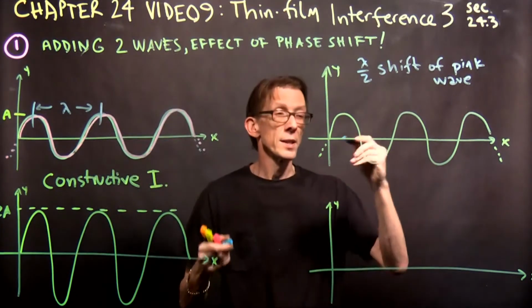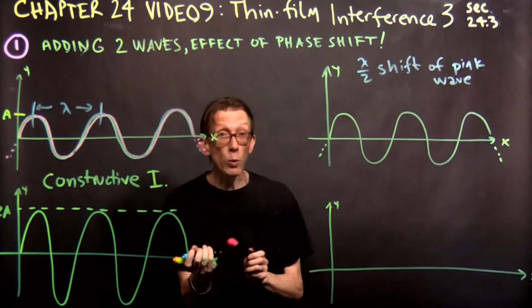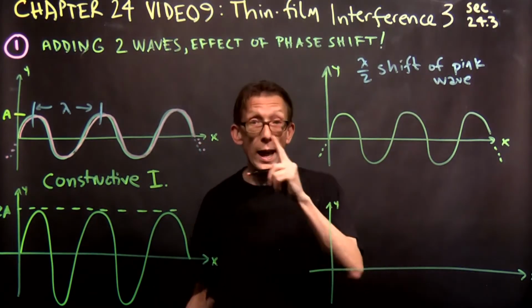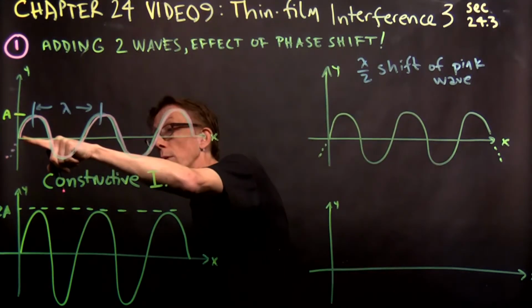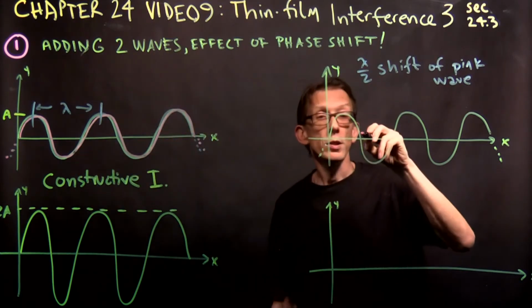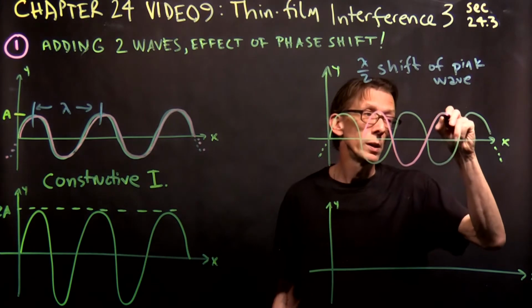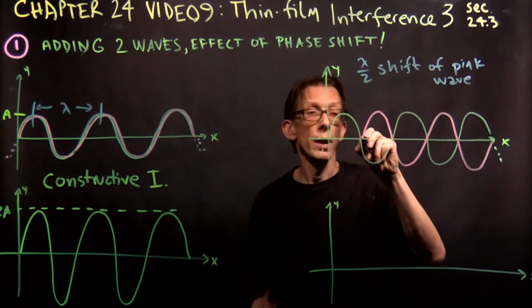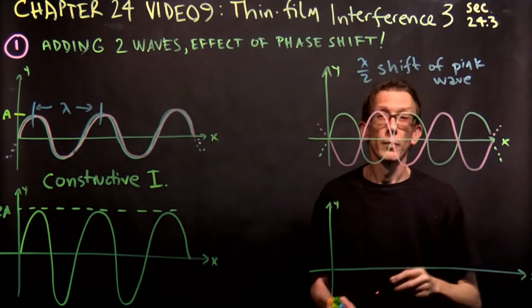So it's going to look like this. We've basically given the pink wave a phase shift of 1/2 wavelength. The up part now starts over here, 1/2 wavelength away, and because the wave goes on in both directions, it continues like that.